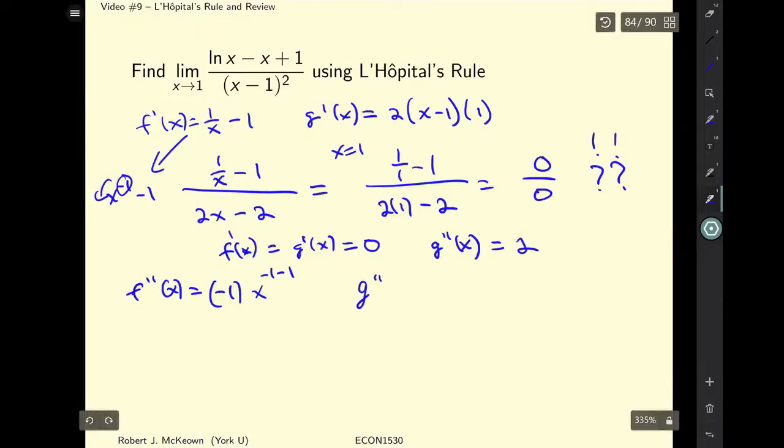Then g double prime x, well, we already showed that that's going to be equal to 2, so I don't have to do that. Now, bring them together. We've got negative x to the negative 2 over 2. Right, this is my f double prime x over g double prime x.